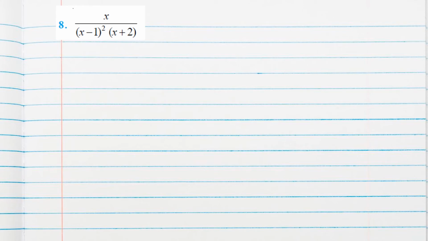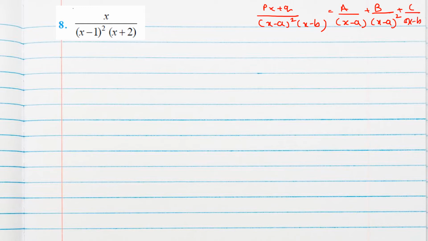Question number 8. If you see, question number 8 is fourth type of partial form, that is px plus q divided by x minus a square x minus b. Okay, this type. So you can write a by x minus a plus b by x minus a whole square, then c by x minus b.